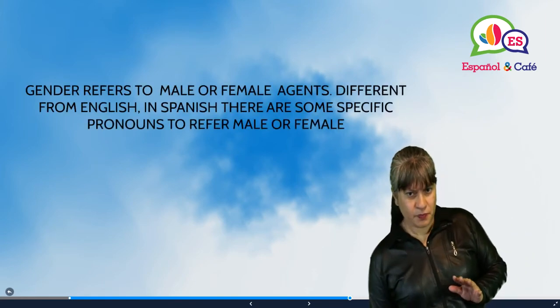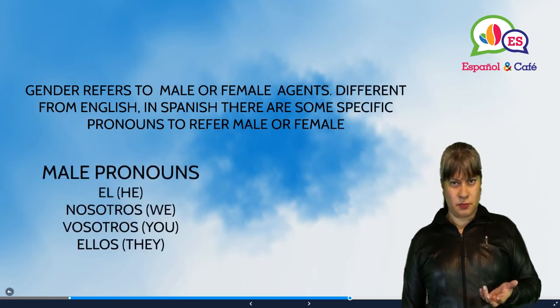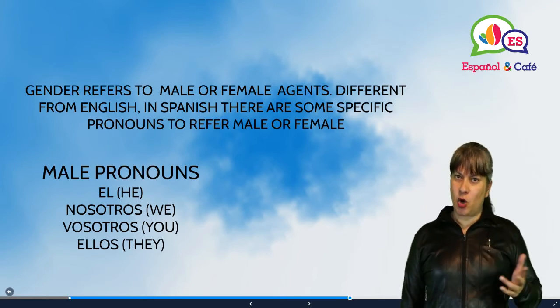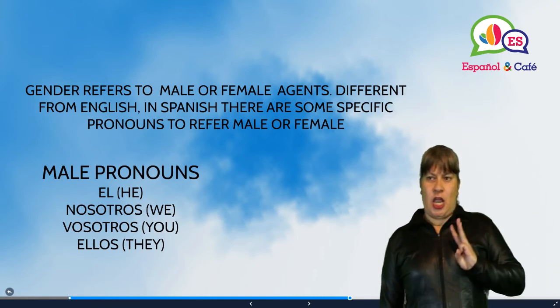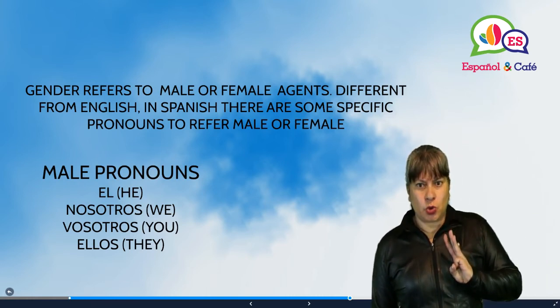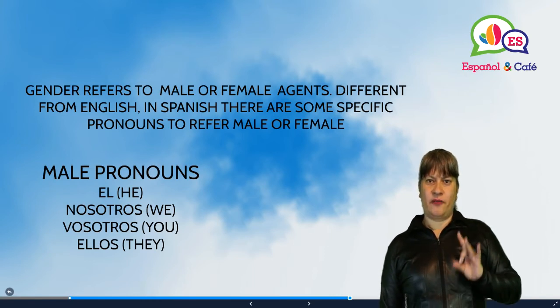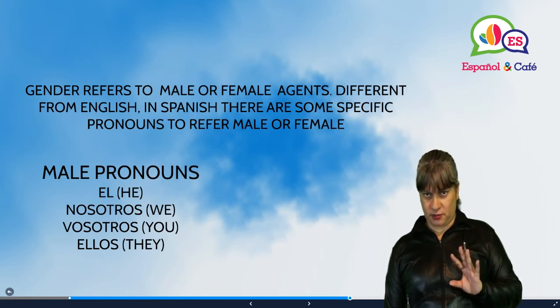Let's see. We use for male pronouns that refer to a man or a male object or a male animal: we have nosotros, we have vosotros, we have él, and we have ellos in Spanish, okay?